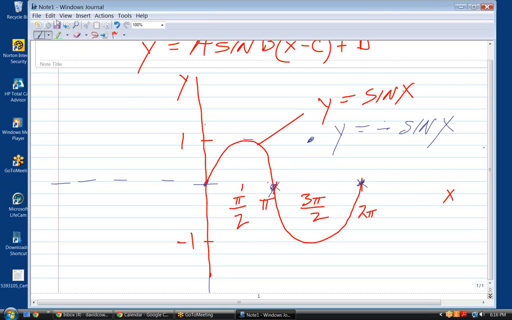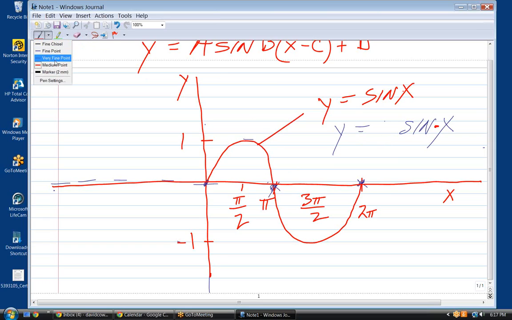So the last thing you can do is put a negative sign in front of the x. In other words, we've covered 5 out of the 6 things you can do. You can have an A, a B, a C, and a D, those 4 things. You can put a negative sign in front of the A, reflecting it over the x-axis, and you can put a negative sign in front of the x.